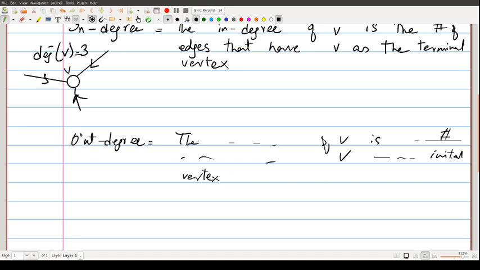So now if there are 2 other edges that are going out of v, then the degree plus, which is the out degree, is the notation for out degree, and this is the notation for in degree. So the out degree of v is 2, right? So there are 2 edges going out of v and 3 edges coming into v, right? Any questions? Is that clear?